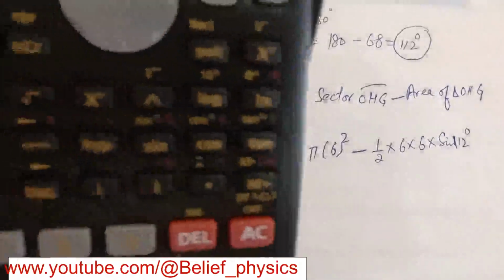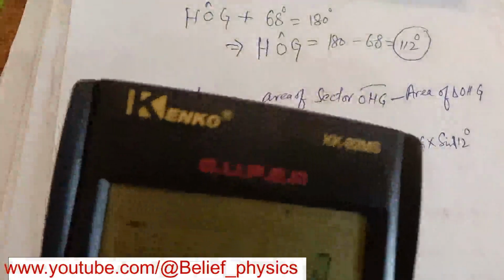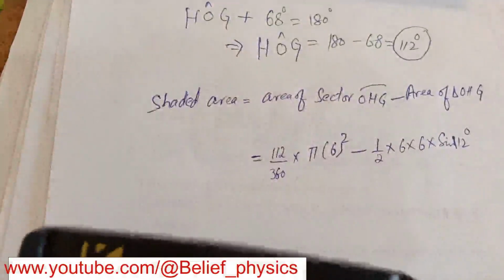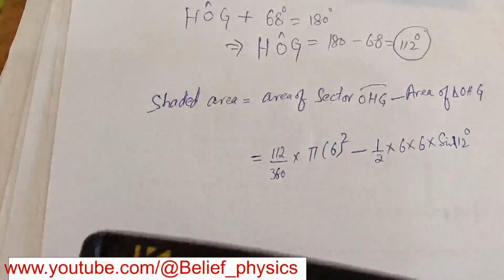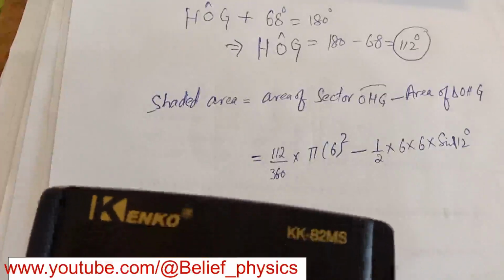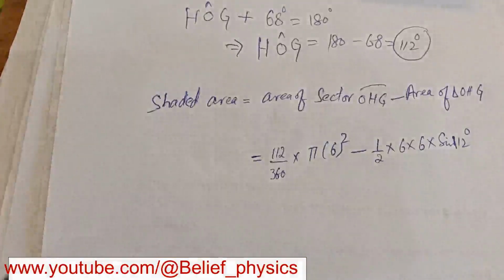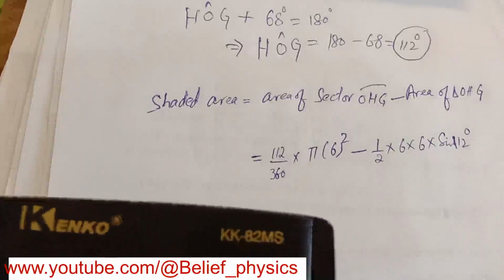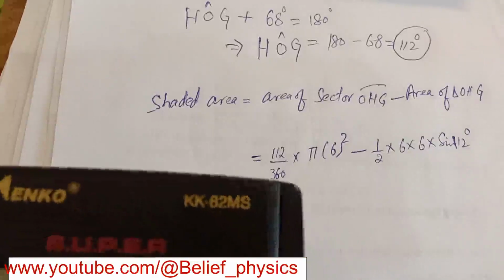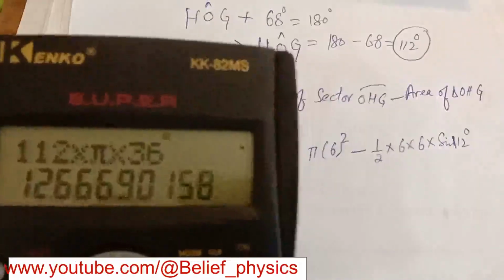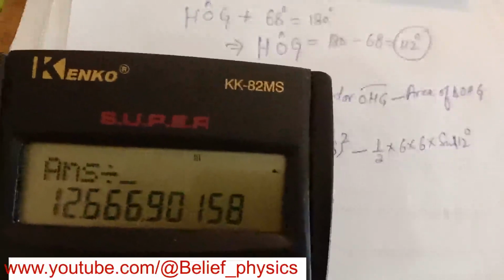Now we use the calculator to calculate this. First is 112 over 360, so I write 112 into pi into 6 squared, which is 36, then divided by 360.